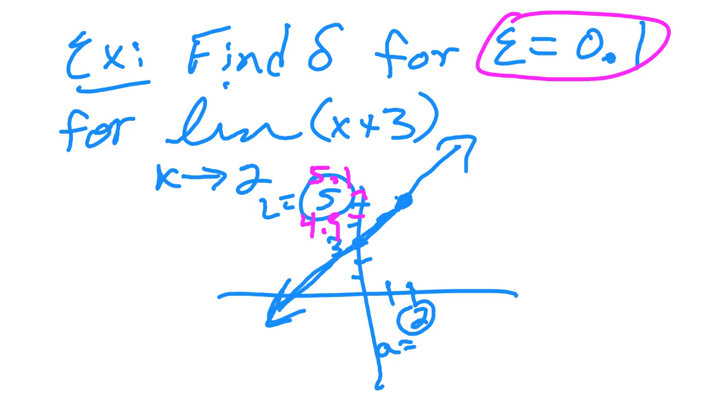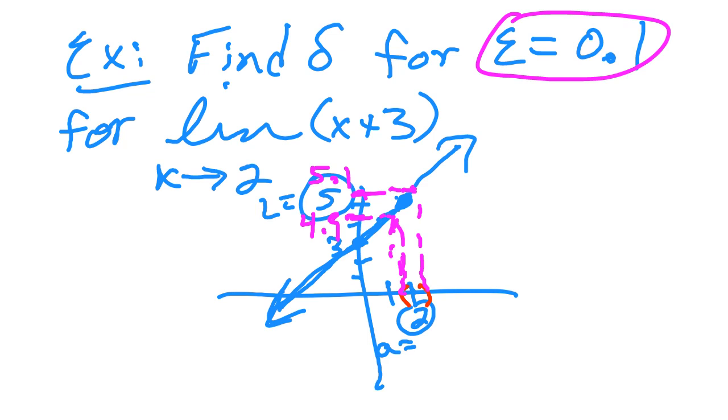So what I need to do is find a delta window around 2 where every x value is going to map up inside of there. You're going to find out that we like to find the biggest window too.